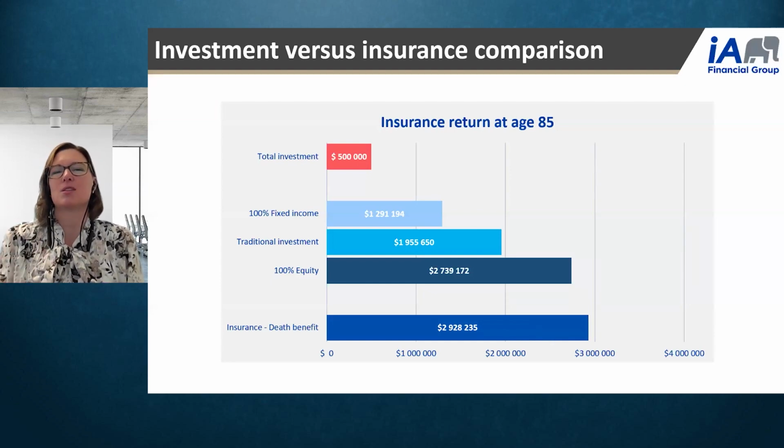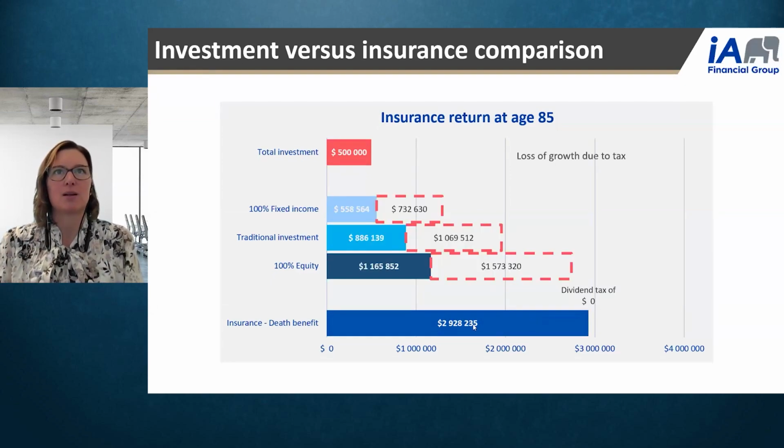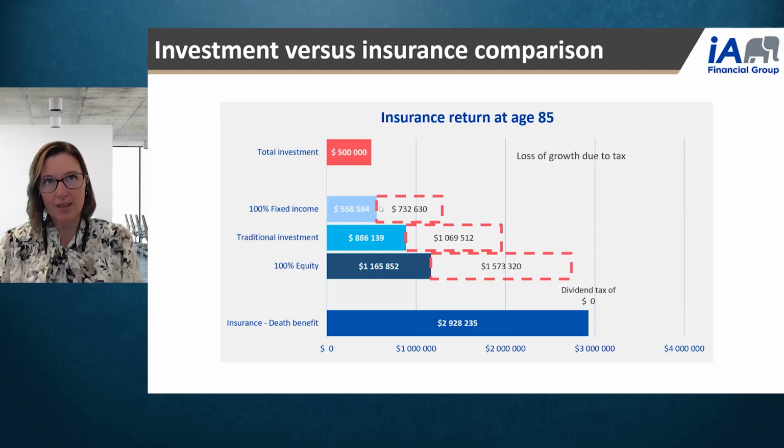The next step is to now take the tax off the top. Each of these assets in the company is going to be taxed with company rates. And you can see it really takes a chunk out of what's available when you're trying to take it out of the company and into the hands of shareholders to facilitate whatever they're trying to do or have it within the company. It's sold at that time, this tax is triggered, and you can see the clear winner at the end of the day is that insurance death benefit going through the CDA.